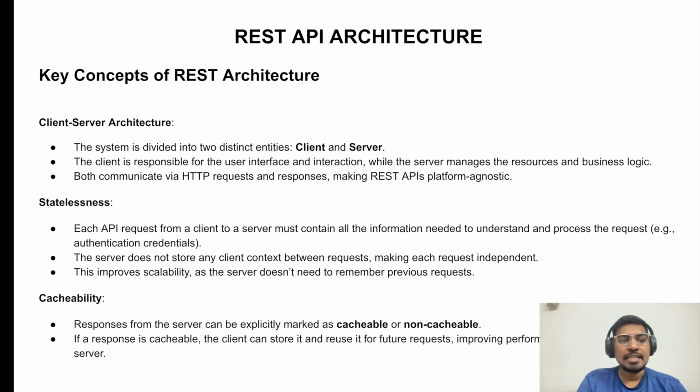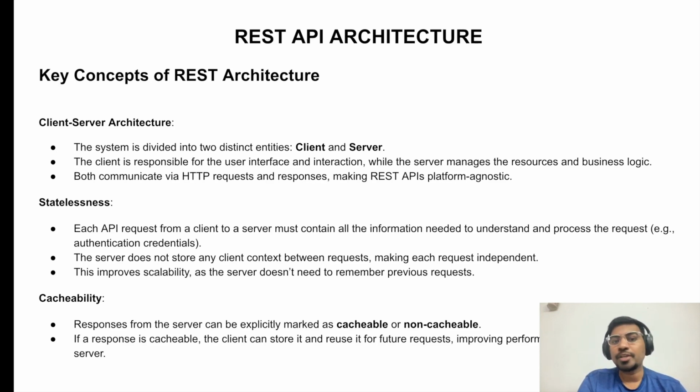Let's talk about what is statelessness. Each API request from a client to a service must contain all the information needed to understand and process the request, for example authentication and credentials. Whenever we send a request to a server, it requires some authentication, right? We have basic authentication, OAuth 1.0, 2.0, a bearer token, a JWT token.